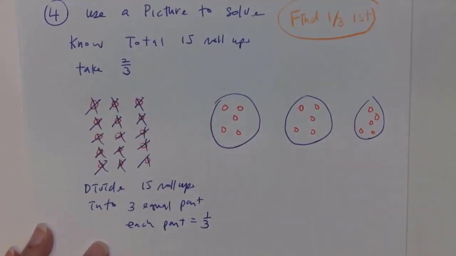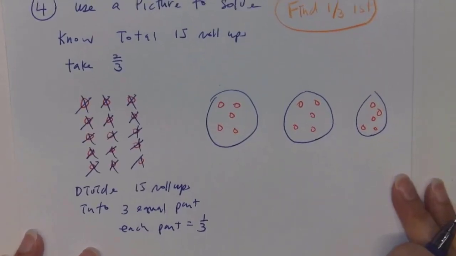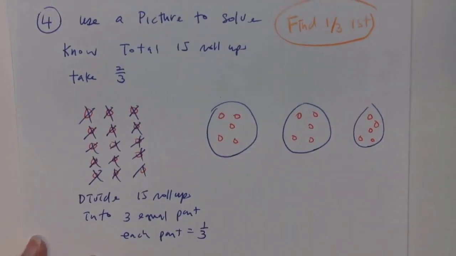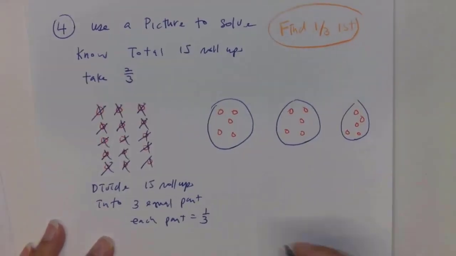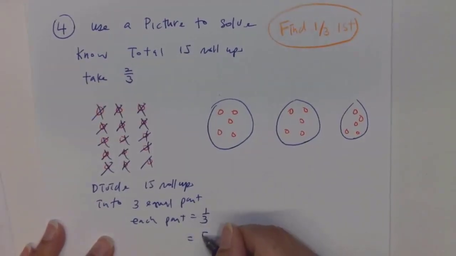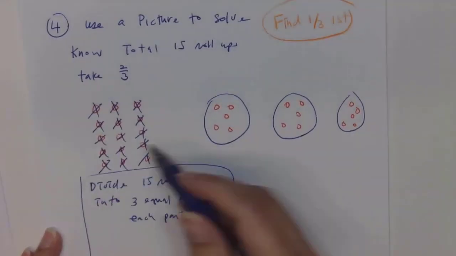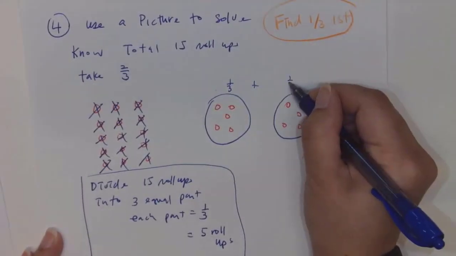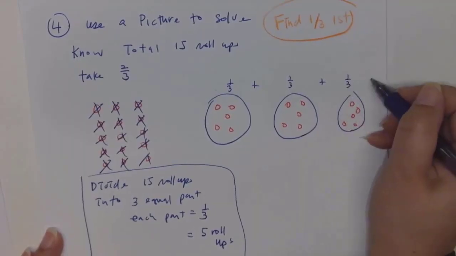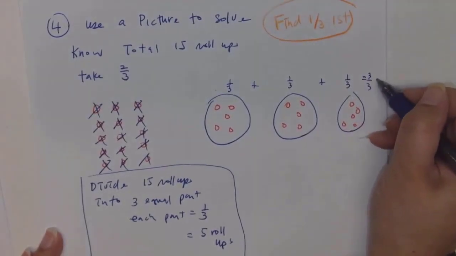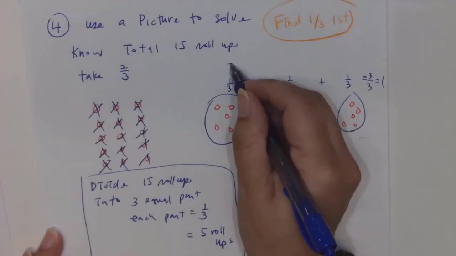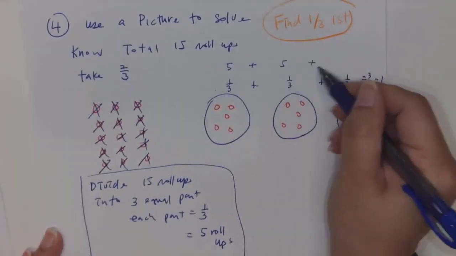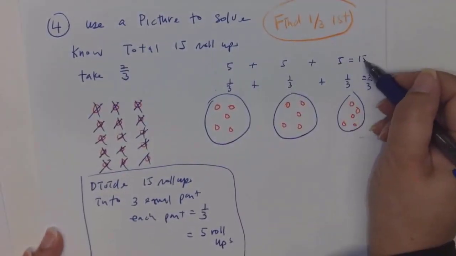And it looked like each part equals how many roll-ups? 5 roll-ups. Okay. Everybody okay with that? And then we can double check. We say 1/3 plus 1/3 plus 1/3 should be 3 out of 3, equal to 1 set. And then 5 roll-ups plus 5 roll-ups plus 5 roll-ups equal 15 roll-ups, right?